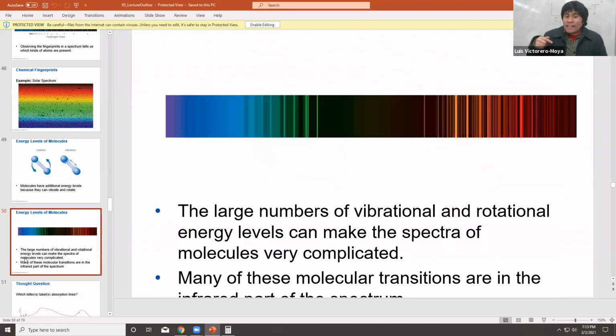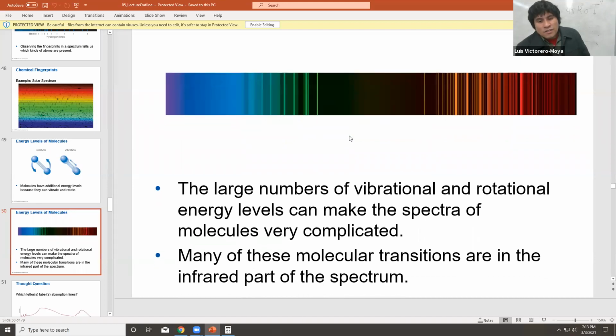If you take that into account, you have all these energy levels that make up the spectra of more complicated molecules. It starts getting more complicated because you have cases where you see something like this. Depending on where you are looking, you can have these transitions, emission and absorption lines, happening in different parts of the spectrum, in this case the infrared part.